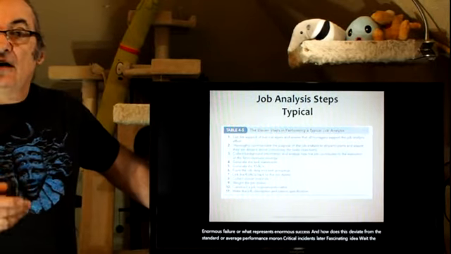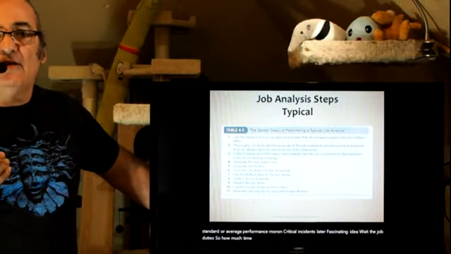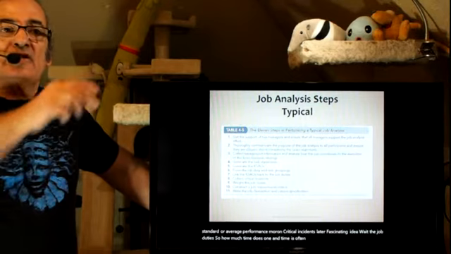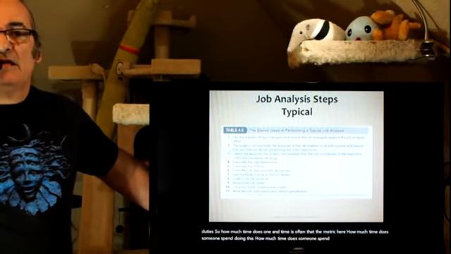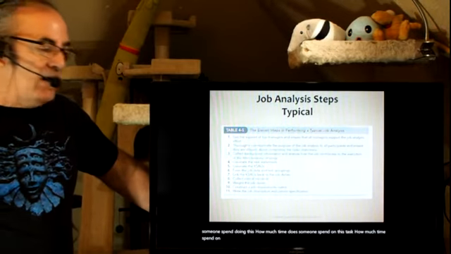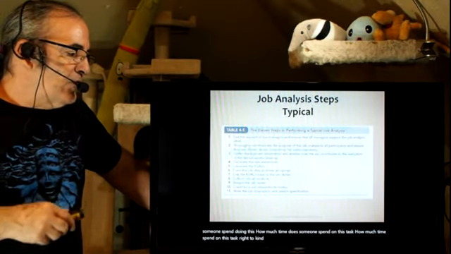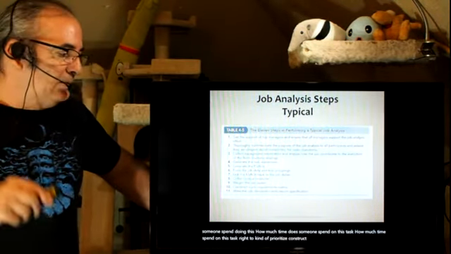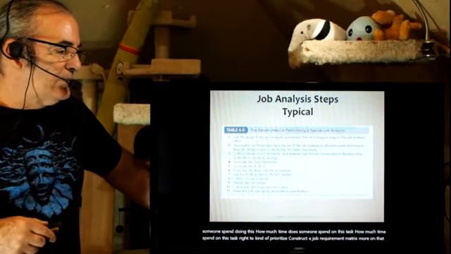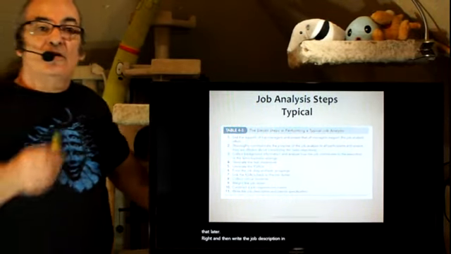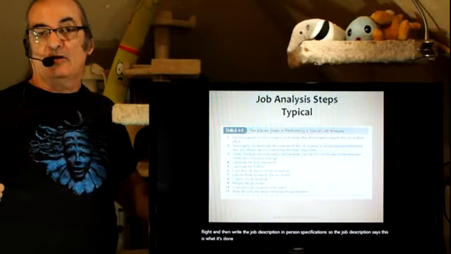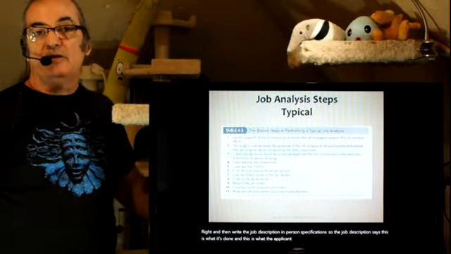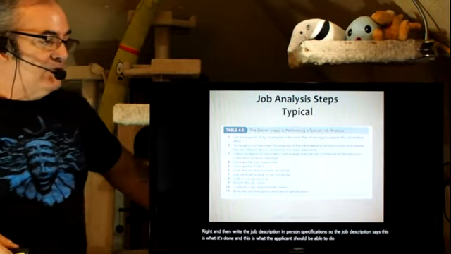So how much time does someone spend doing this task, and time is often the metric here, how much time on this task, to kind of prioritize. Construct a job requirement matrix. More on that later. And then write the job description and person specifications. So the job description says this is what's done, and this is what the applicant should be able to do that qualifies them for the job.